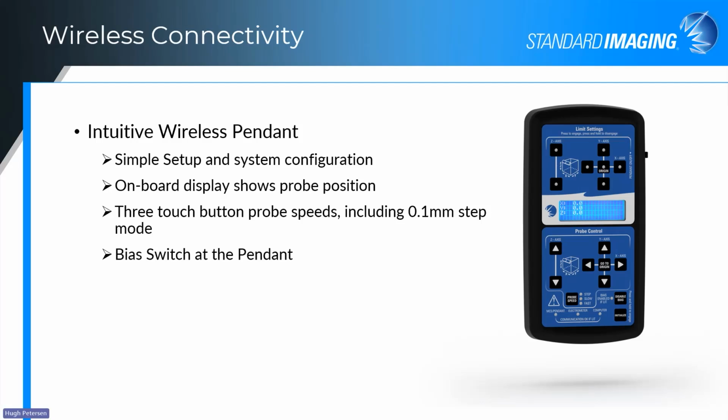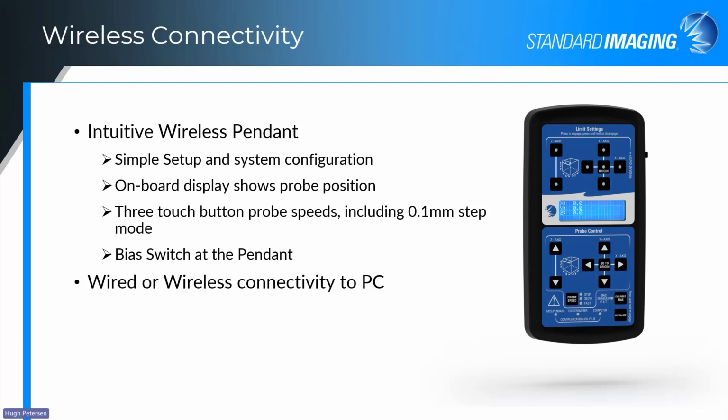You don't want to do any adjustment on the chambers with the bias on. So instead of having to walk back out of the room to the console and the software, you can actually turn that bias on and off at the pendant, which is, again, a nice little time saver and convenience feature.